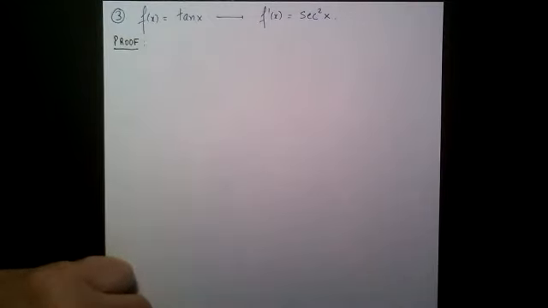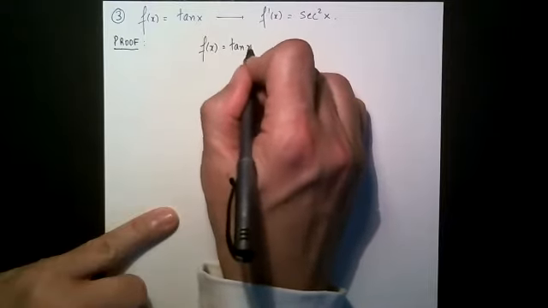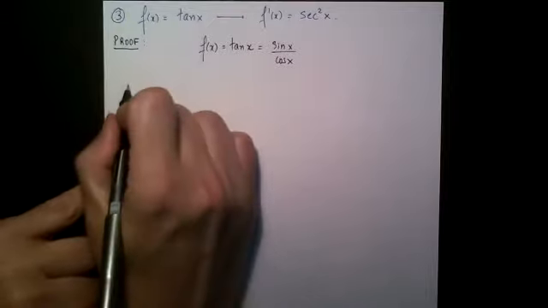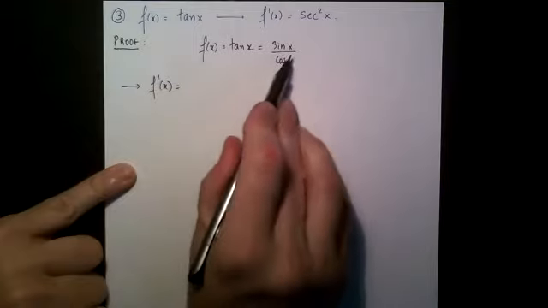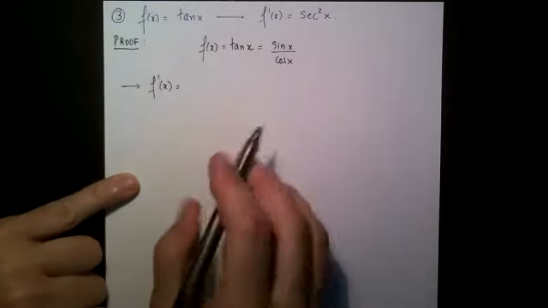So the first thing I'm going to notice is that f of x, which is equal to tangent of x, is actually equal to sine x over cos x. This we know. And so f prime, this is just the derivative of the quotient. So I could use the quotient rule here.